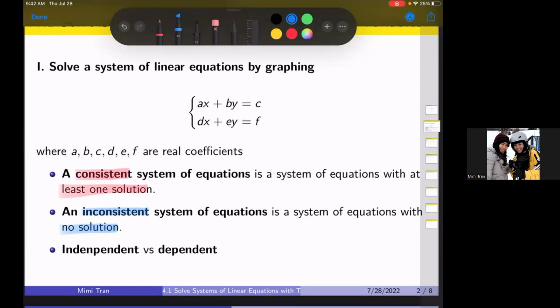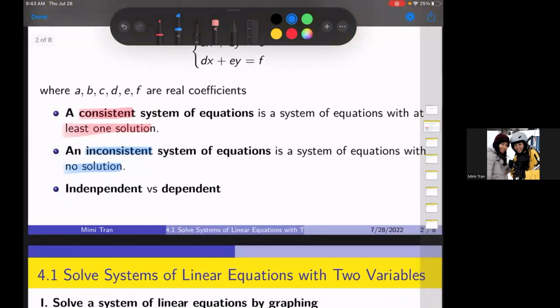Independent versus dependent. Now, if I give you a linear equation, what kind of graph do you have? Tell me the shape, like curve, straight line. Straight line, linear, right? Degree 1, so straight line. So if I give you two linear equations, you see two straight lines, right? If your straight lines intersect with each other at once, maybe it looks like this. You guys can see.